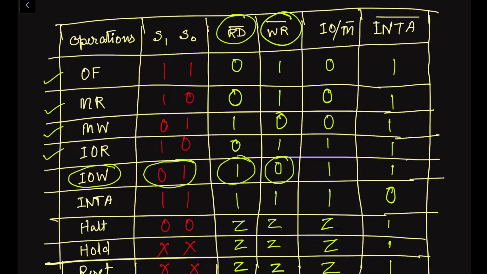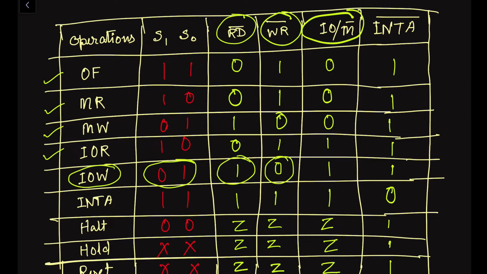IO/M bar determines whether we choose the input output device or go to the memory. When IO/M bar is 1, the microprocessor selects the input output device related operation. When it is 0, it is a memory operation.